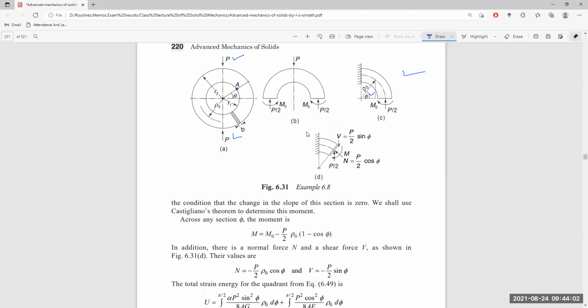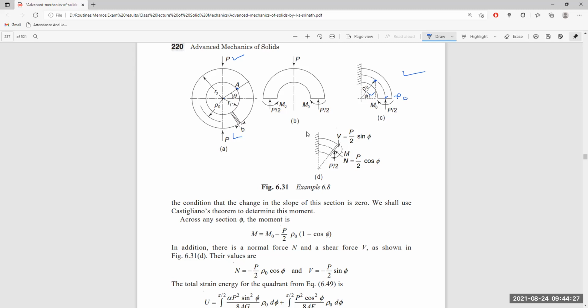Its horizontal component coordinate is equal to rho 0 cos theta. So this length is also rho 0 itself. If we subtract rho 0 cos theta, we get the distance of the moment from this point, which is the point from which we are calculating the moment.